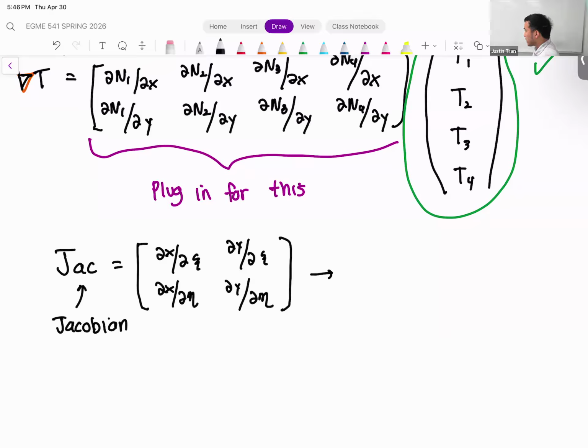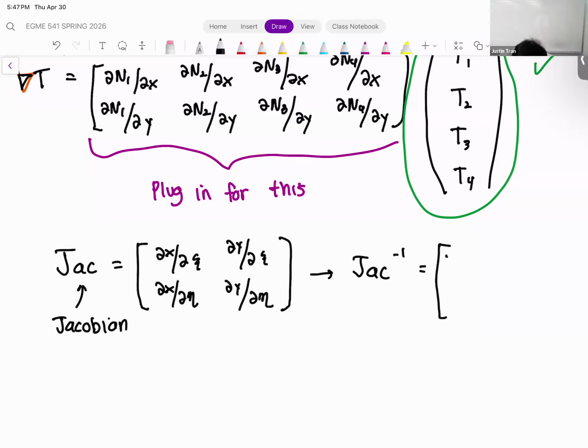And so what we said was that we can perform a little bit of quick and dirty math here. If we take the inverse of the Jacobian, inverse essentially means taking one over that, all of our derivatives are going to swap sides, so the denominators will become the numerators.